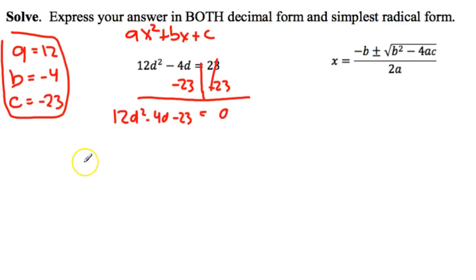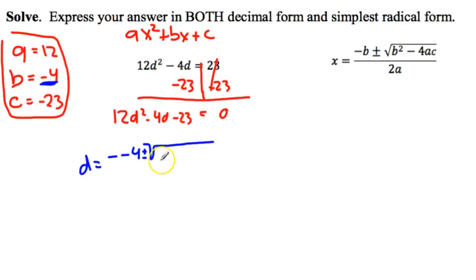How about this blue? D equals, all right, it's negative b. So I always write the negative. B is negative over here. So I need to write the negative again. This trips people up all the time. So it's negative, negative 4. All right. Then we have the plus or minus square root. B squared.